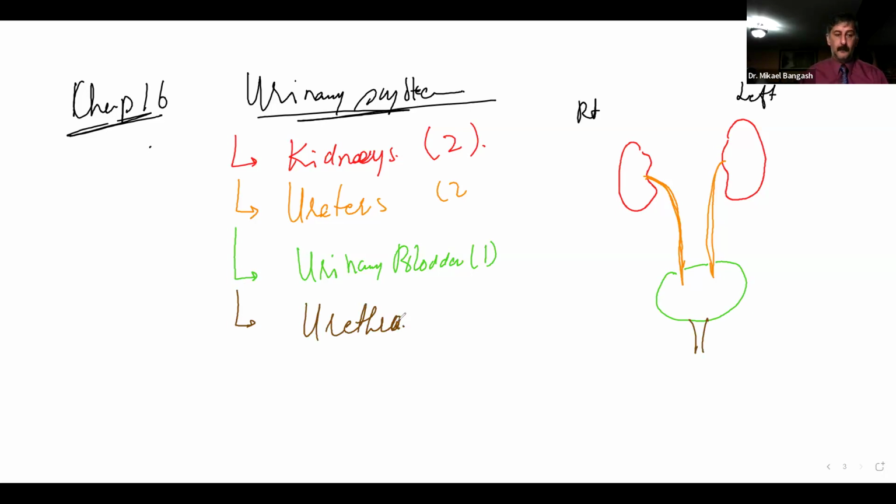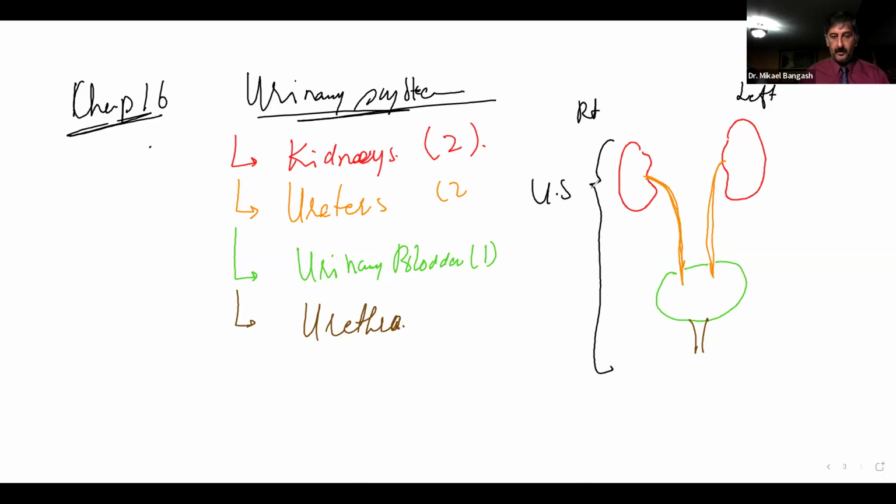So all this here makes up your urinary system. So it's a pretty small system.